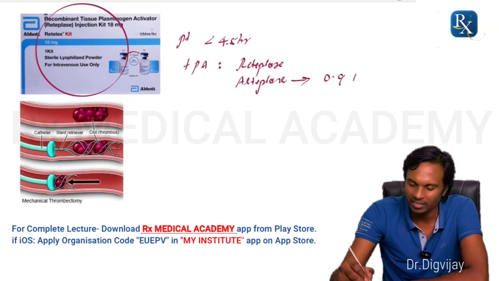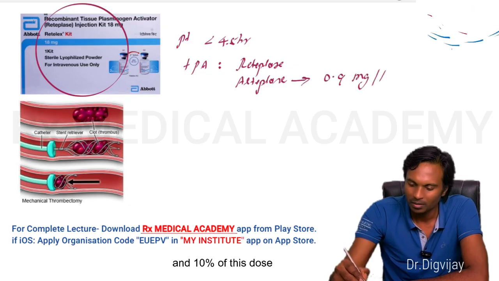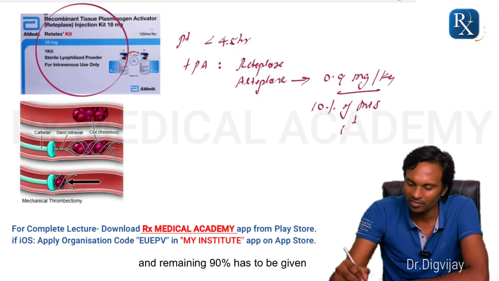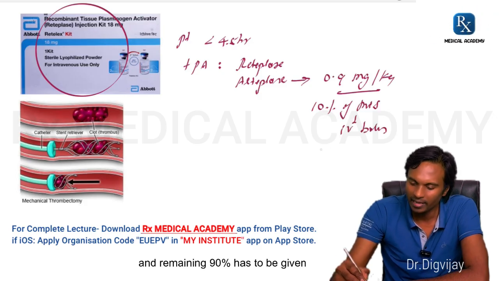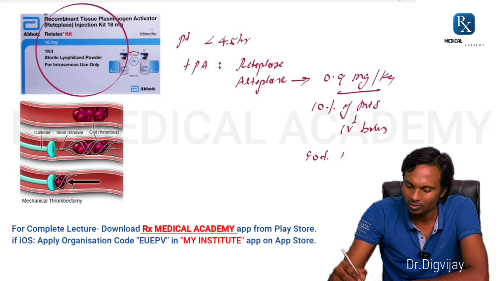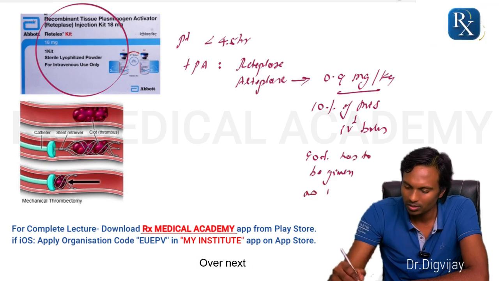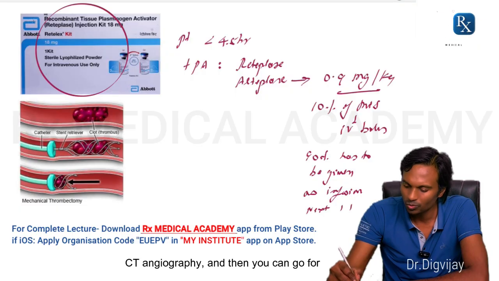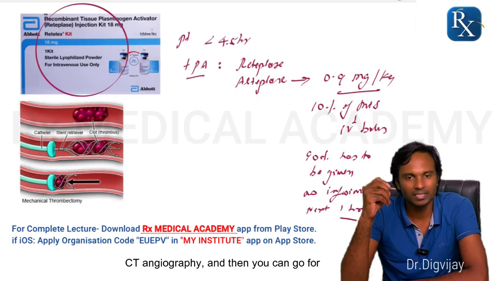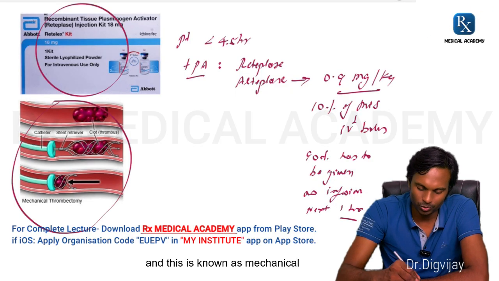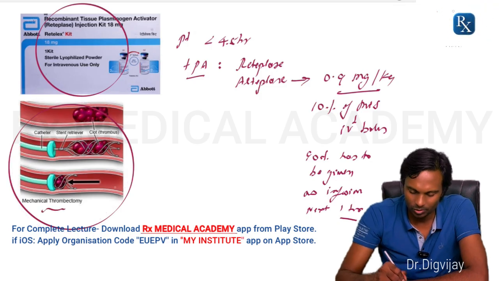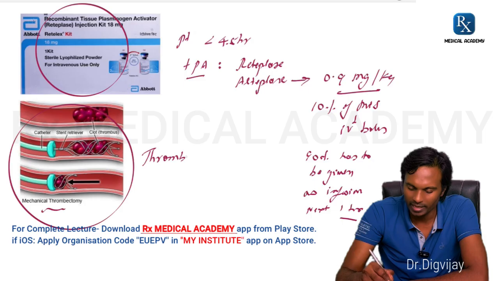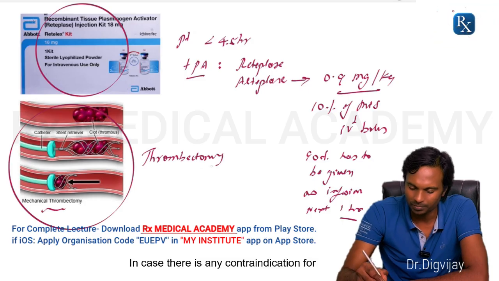You have to give it at the rate of 0.9 milligram per kg, and 10% of this dose has to be given as IV bolus, and the remaining 90% has to be given as what? As infusion over the next 1 hour, followed by CT angiography, and then you can go for clot retrieval, and this is known as mechanical thrombectomy. Following that you can go for thrombectomy.